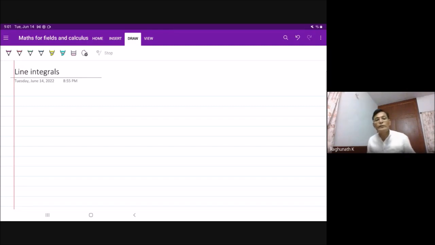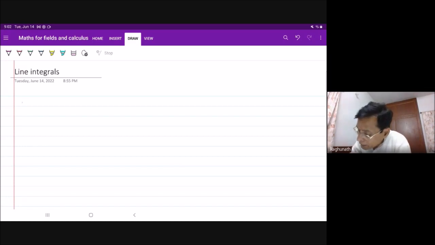Under integration. This is from the syllabus, right? It is the line integral. So why should you look at this line integral is the question number 1.